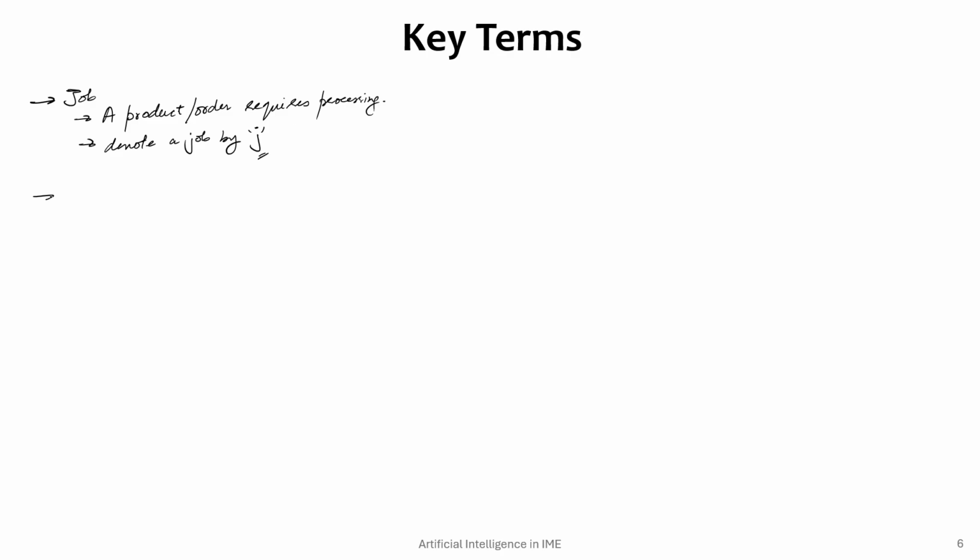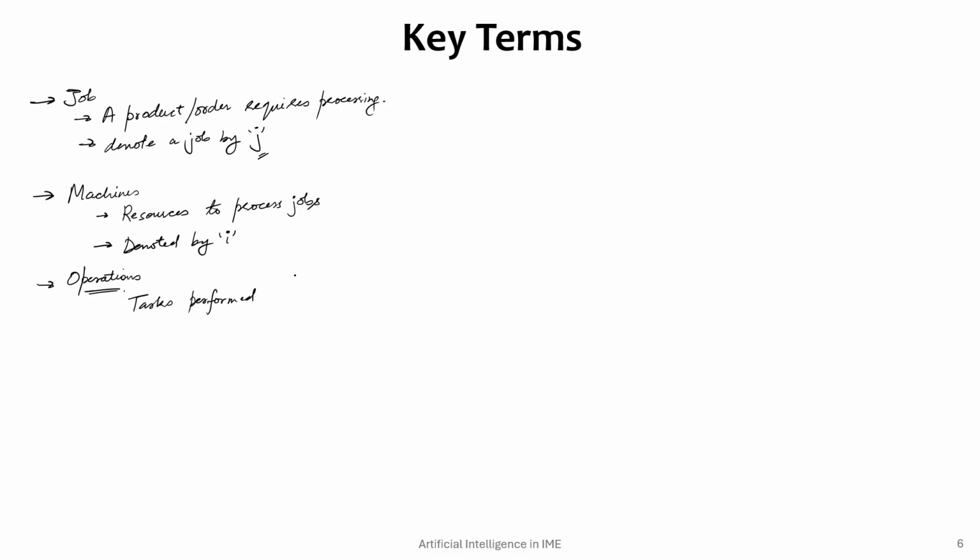Okay. Then we will have different machines. So these are nothing but your resources to process jobs. This is denoted by I as a subscript. Okay. The next thing is operations. These are the tasks performed on a machine.